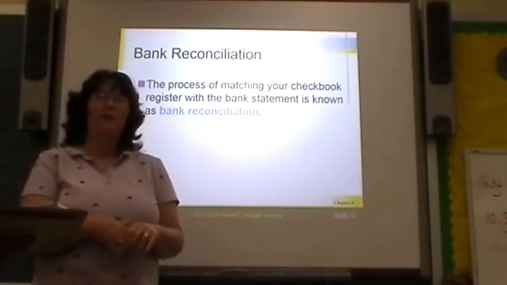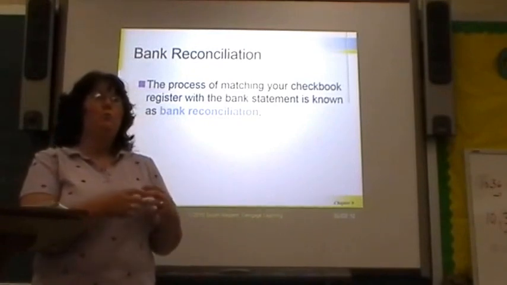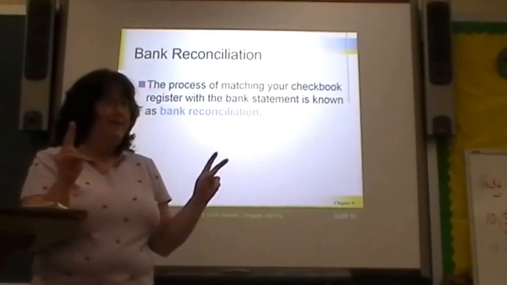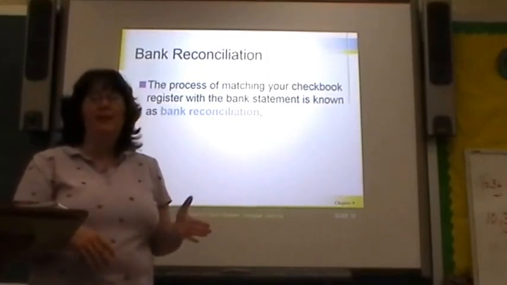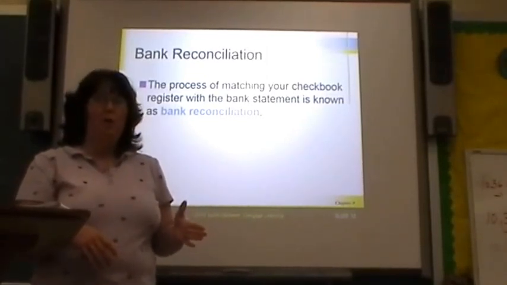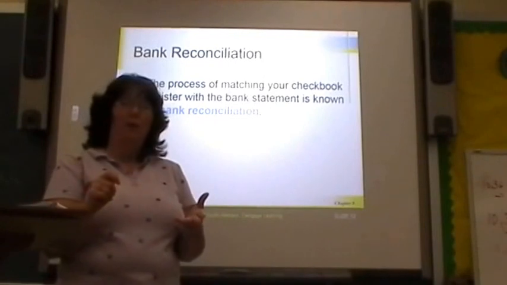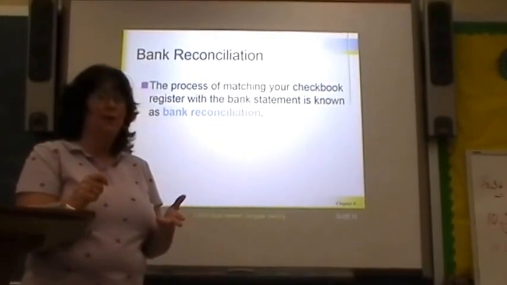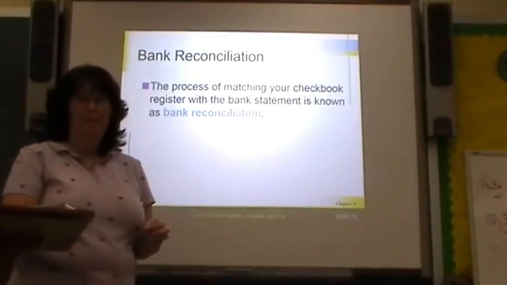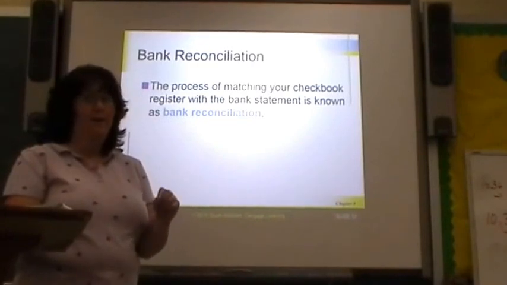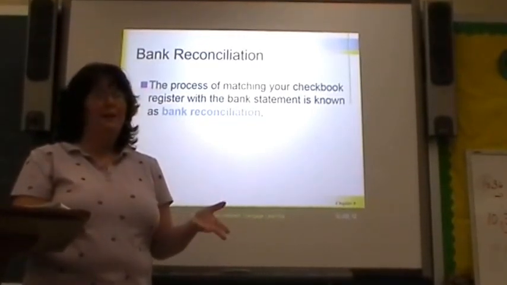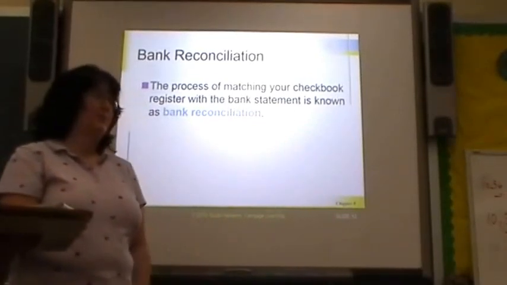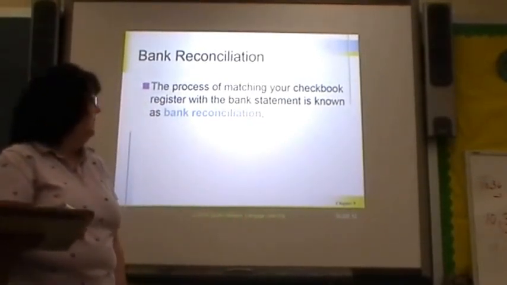You may not realize that you made that $50 mistake in your check register until you get your statement from the bank. So you may have written down that you wrote $86 to Food Mart. When you get your statement from the bank, it'll show $36, and then you can make that correction to show that you really had an extra $50 according to the bank reconciliation.